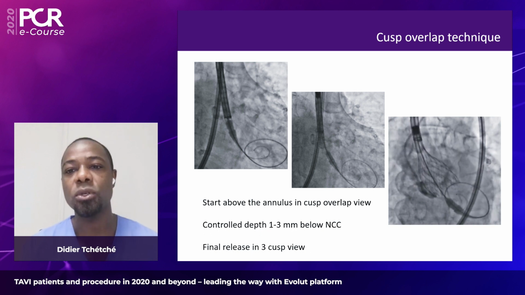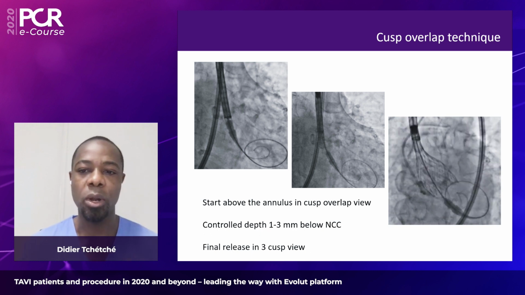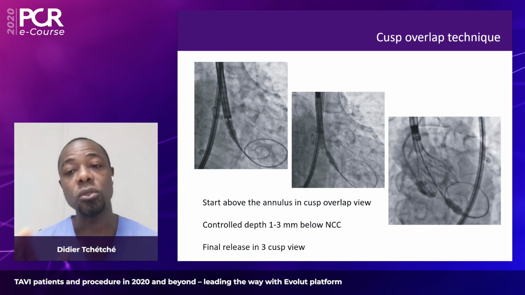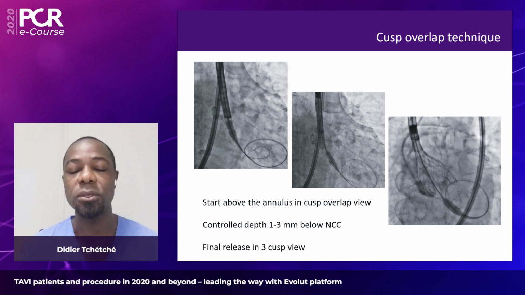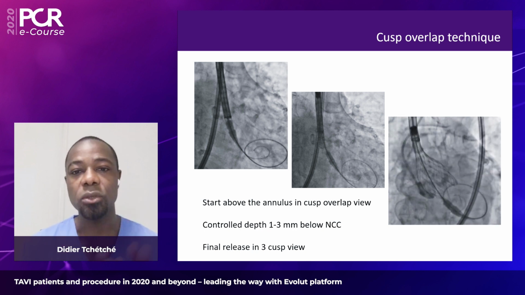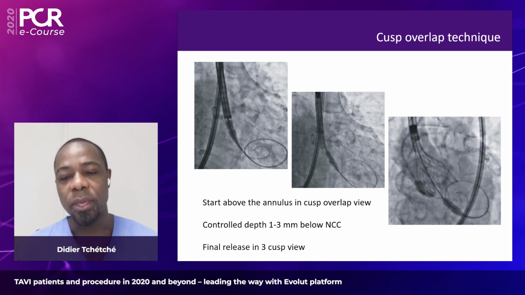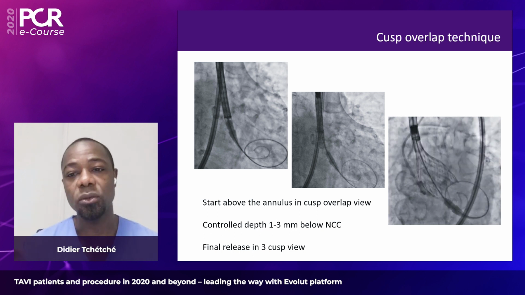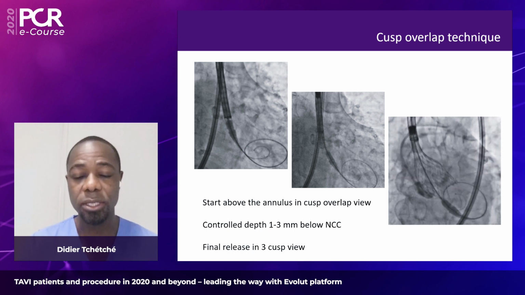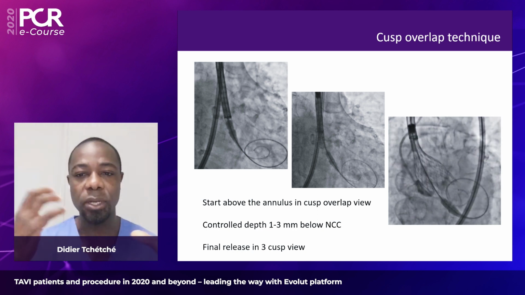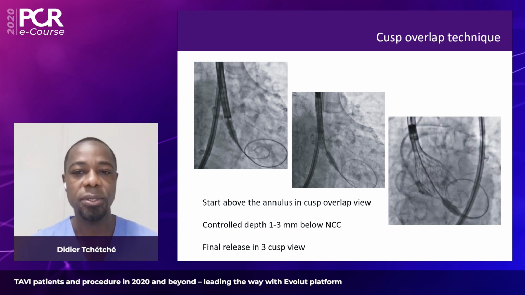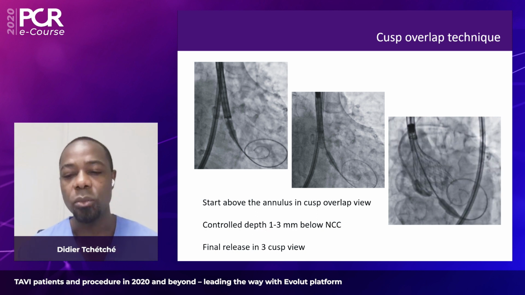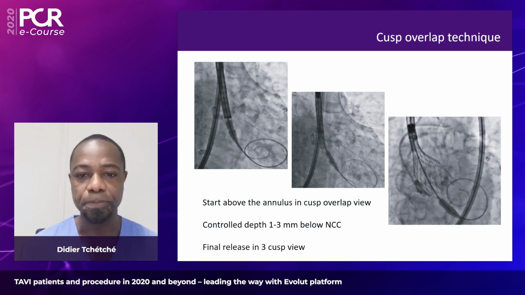The more extrusion and expansion of the device we have, the more tension you apply to the system to be sure that you remain between 1 to 3 millimeters below the annulus in relation to the non-coronary cusp. Then, once you are at the final depth and you are happy with that, you come back to the LAO projection, the three-cusp view, for the final release to understand the amount of tension that you have in the overall system. So this is a combination of the RAO caudal, and then you move to the LAO for the final release.